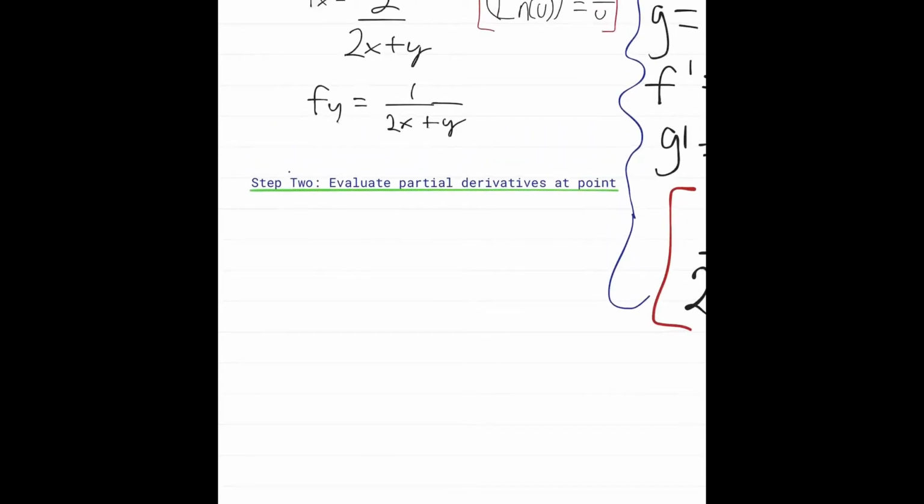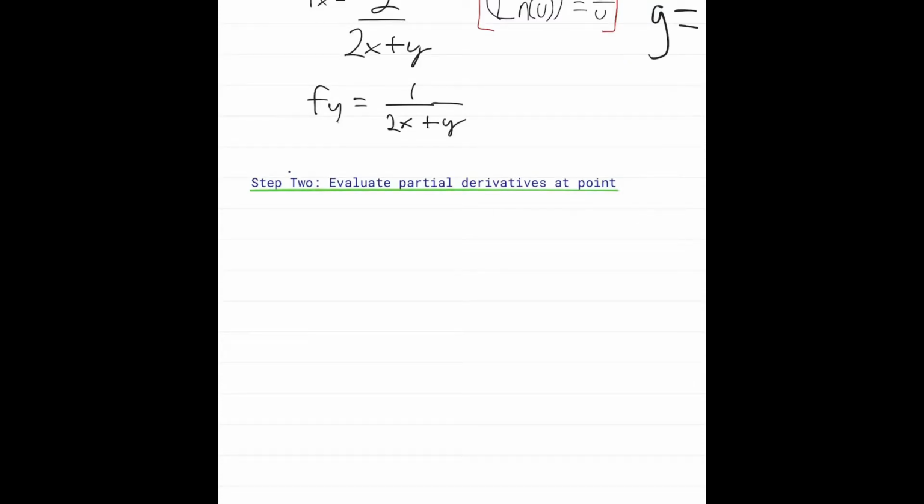So what we do basically is literally just plug in x and y for partial x and partial y. So when we do that, the partial derivative with respect to x evaluated at negative 1 and positive 3 is equal to plugging in just x and y.